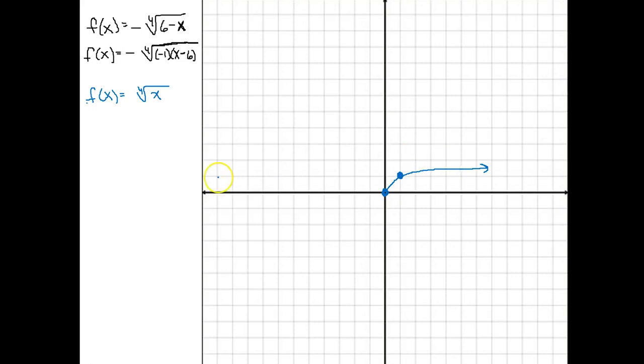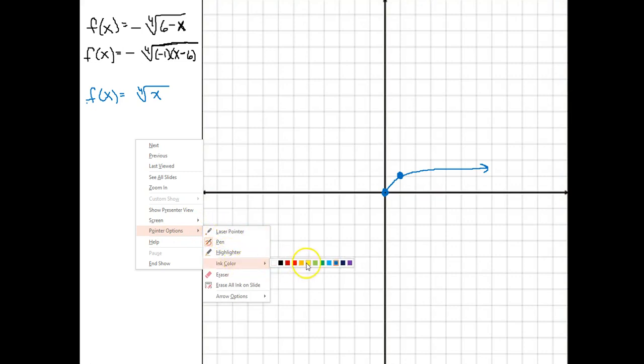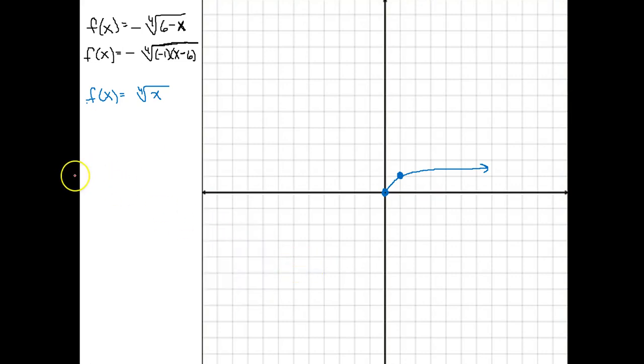But anyhow, all right. So let's change color. You can go ahead and do the reflecting. That's going to reflect it across the y-axis. So then it's going to look like this.